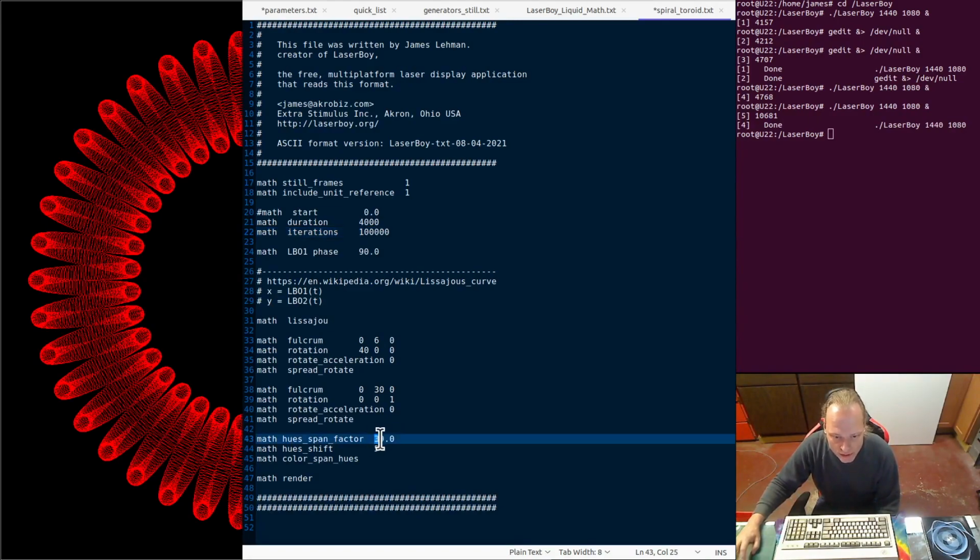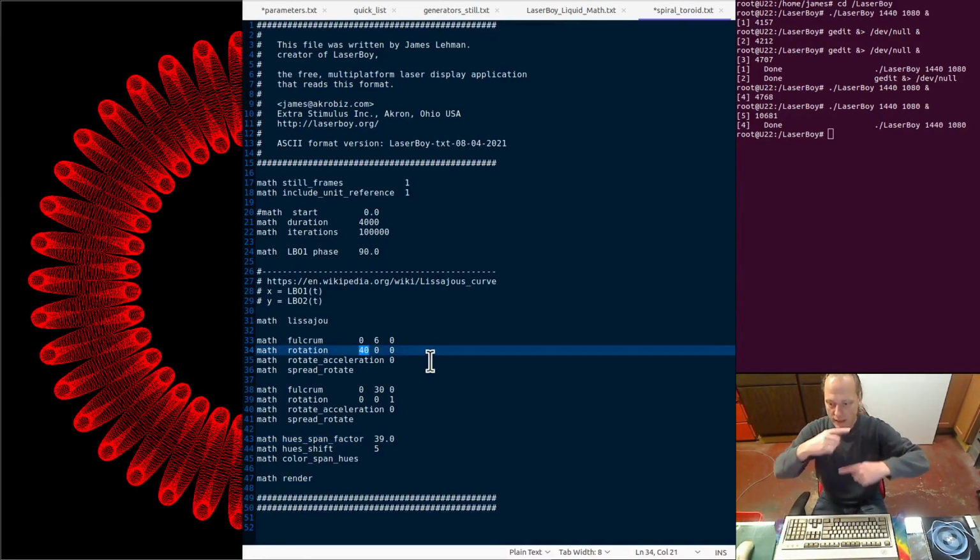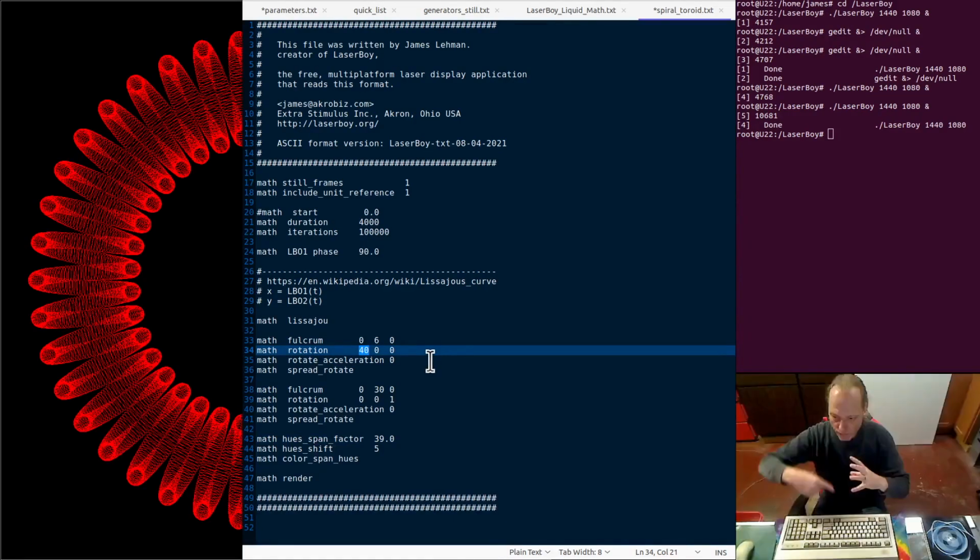So this is 39 as opposed to 40, because remember, there are 40 loops in this thing, and then we go around this way. So there's like 40 kinks in it going around, right?